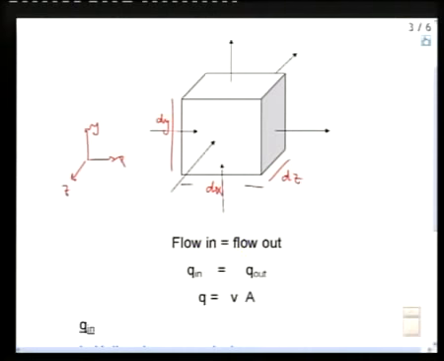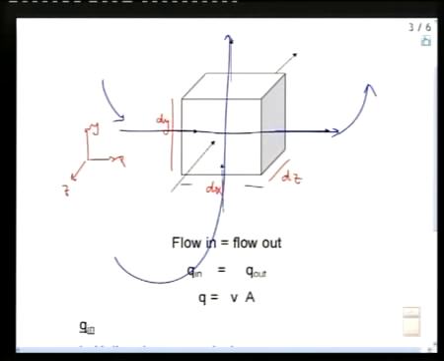Now, water will come from this side and will go from this side to go up. It's coming from here, so it will pass through these faces. And some water will come from beneath and go like this. And some water will go from this side to that side, or maybe the opposite.